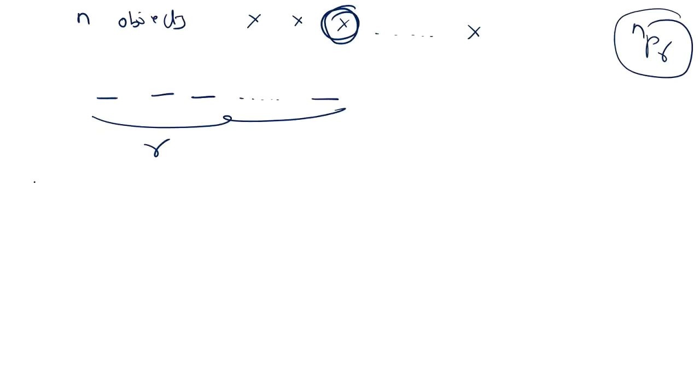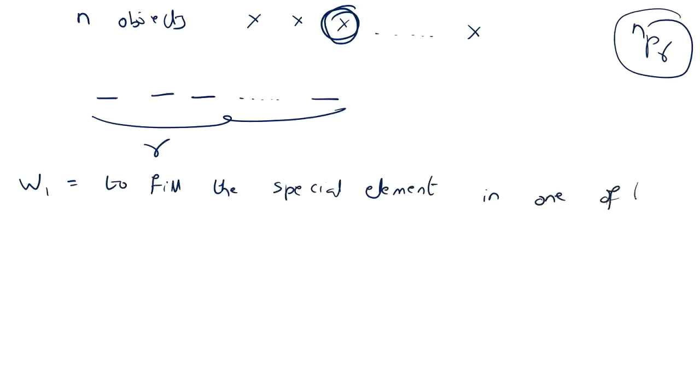Now let me write down that one. I am dividing this task into 2 works, W1 and W2. W1 is to fill the special element in one of the r places.